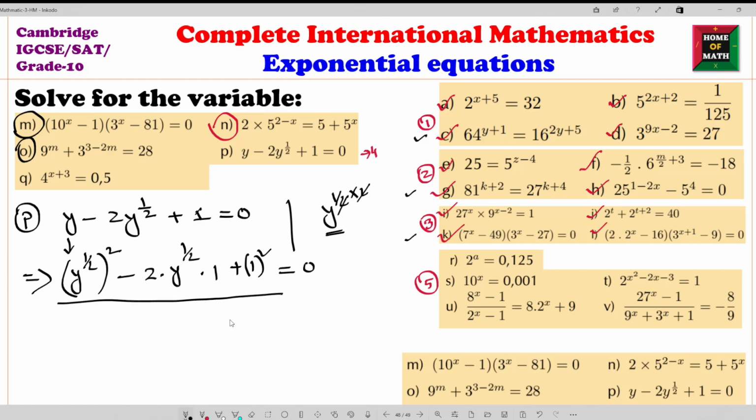So totally it's looking like a square minus 2ab plus b square, right? So we can write a minus b whole square. So y to the power 1 by 2 minus 1 whole square equals 0.